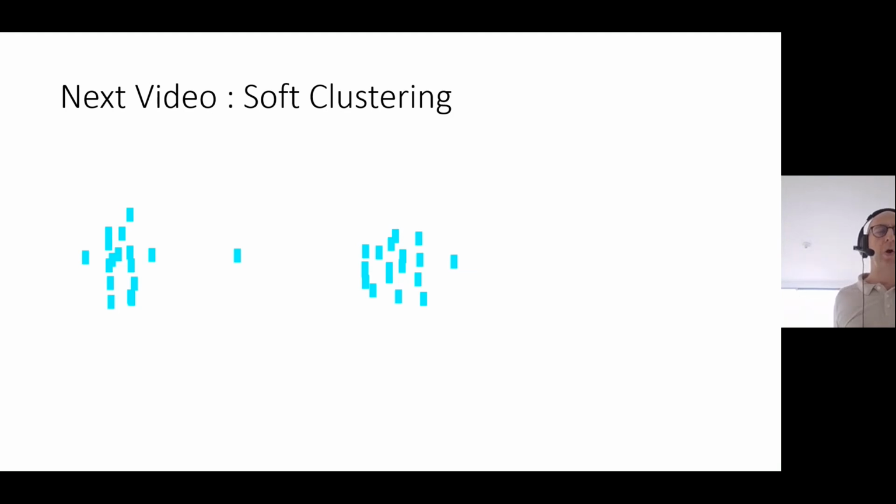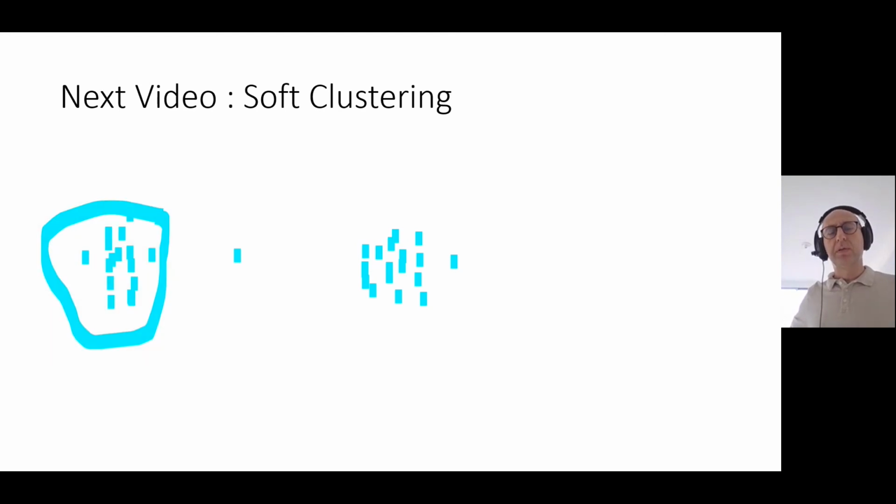Now, I'm going to introduce the next video, the next video on soft clustering. As you can see, when I have to cluster these points, I find myself in an awkward situation. It's very easy to cluster the group on the left.